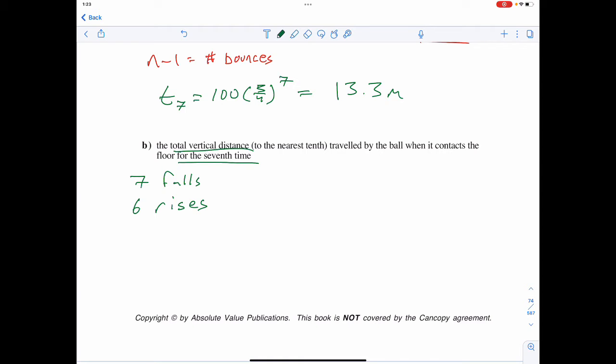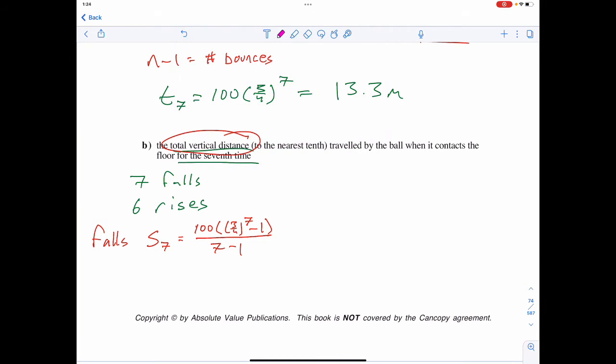So how far did it fall? I'm adding up every time that it fell, and I'm going to call that S7. This would give me that starting height of 100 times my R value of 3/4 to the power of 7 minus 1, all divided by 3/4 minus 1.